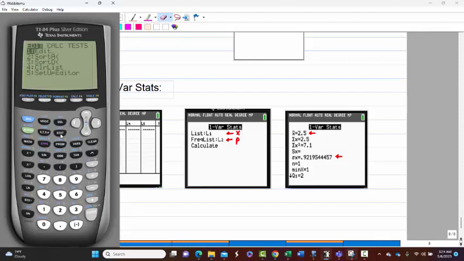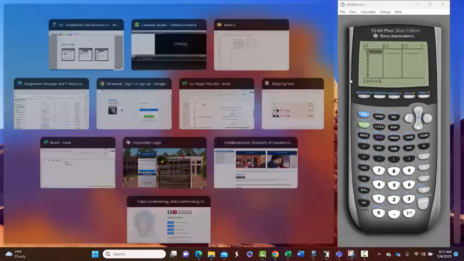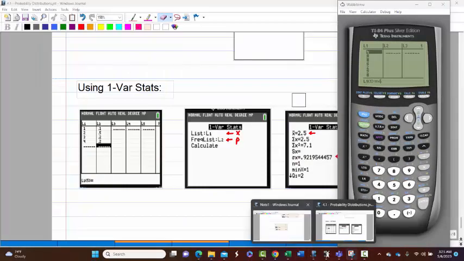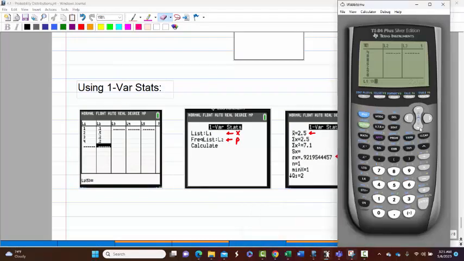Excuse me. Stat, Edit to get the list in there. Okay. Get that junk out of my way. So I'm going to go up here. I'm going to clear the list. Clear, arrow down. 1, 2, 3, 4.